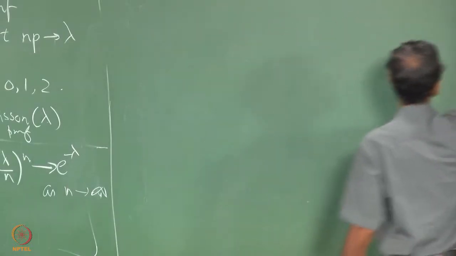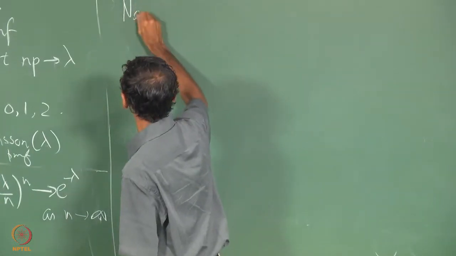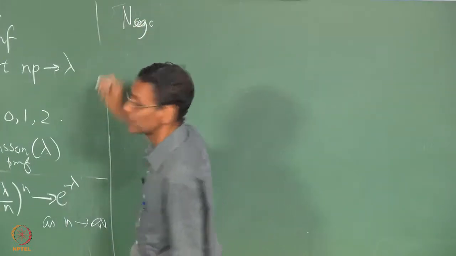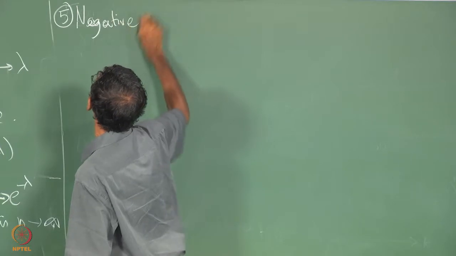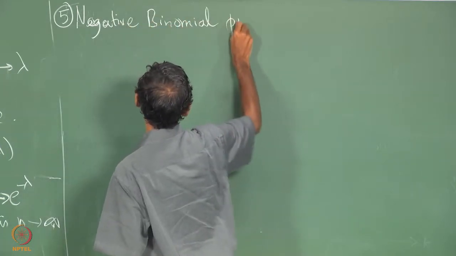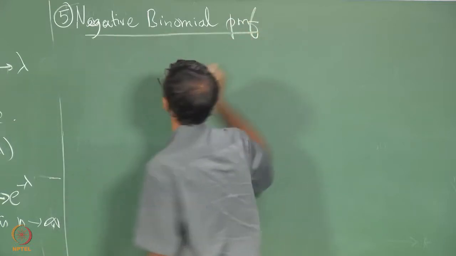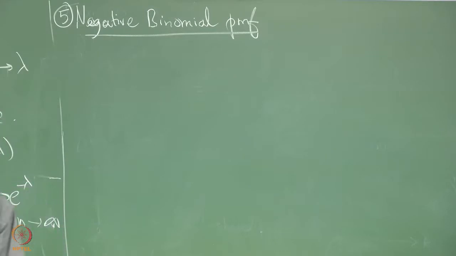The next one, somewhat non-trivial, the negative binomial PMF. Which number should I use here? 5? For this I am going to make sure that I say it correctly.